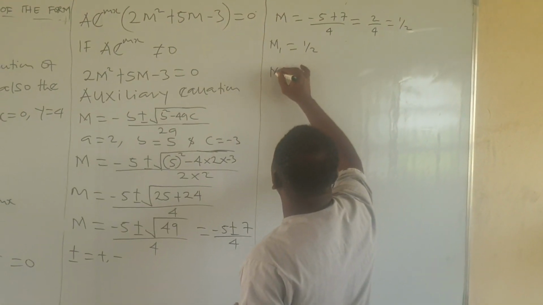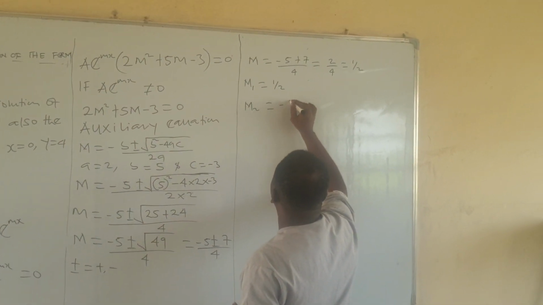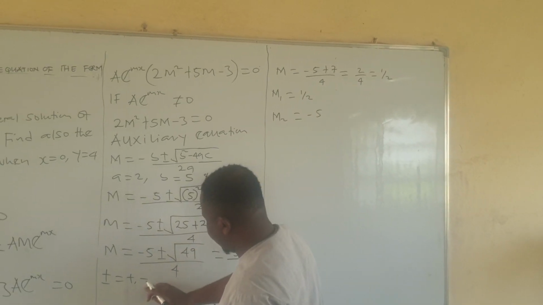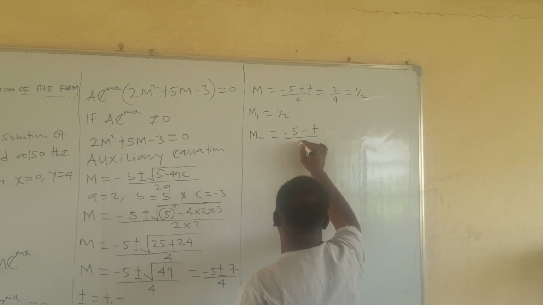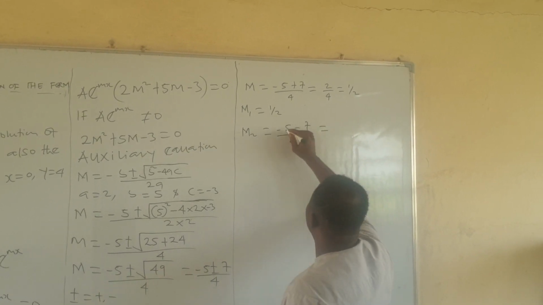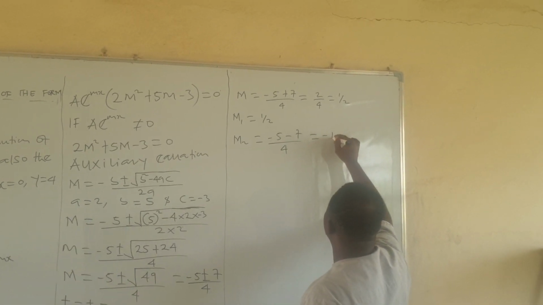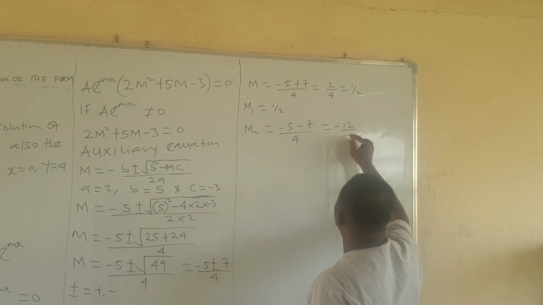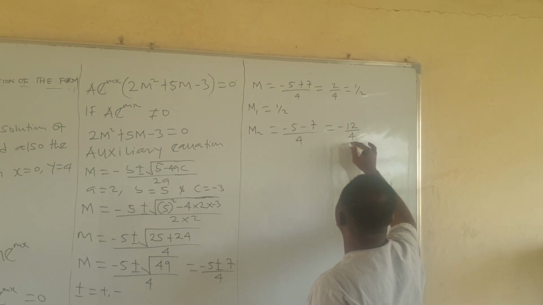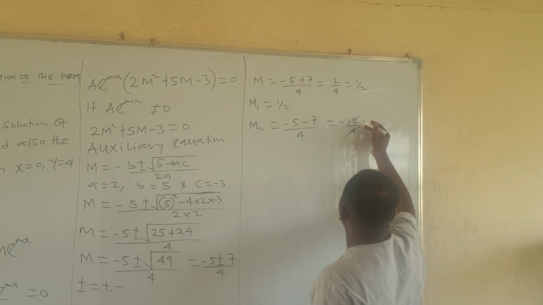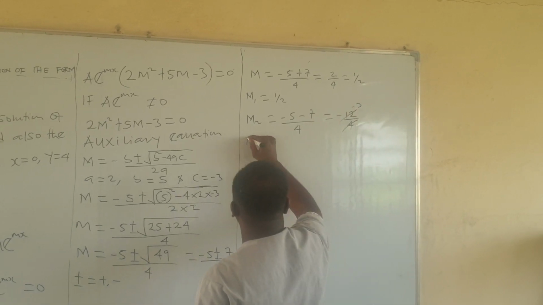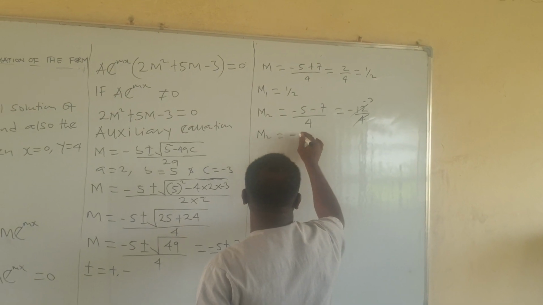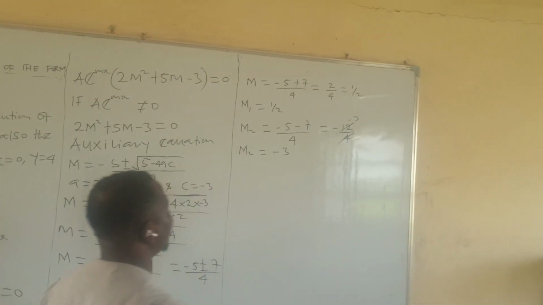Then our m2 is equal to minus 5 minus 7 all over 4, which will give us minus 12 all over 4, isn't it? So this will give us minus 3, right? So our m2 is equal to minus 3.